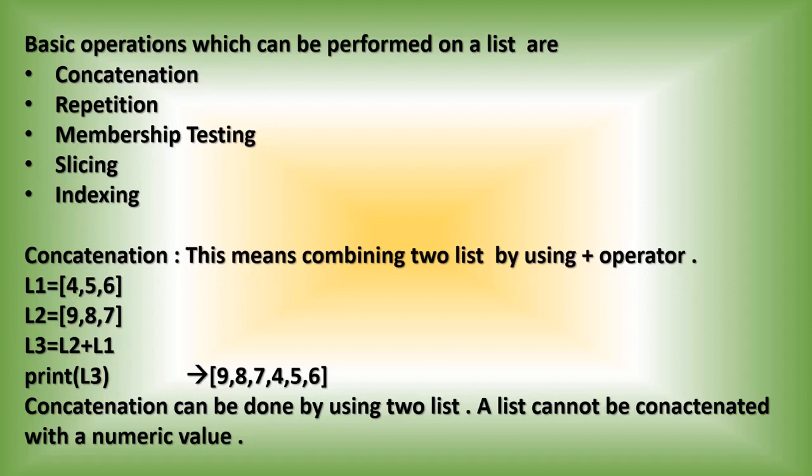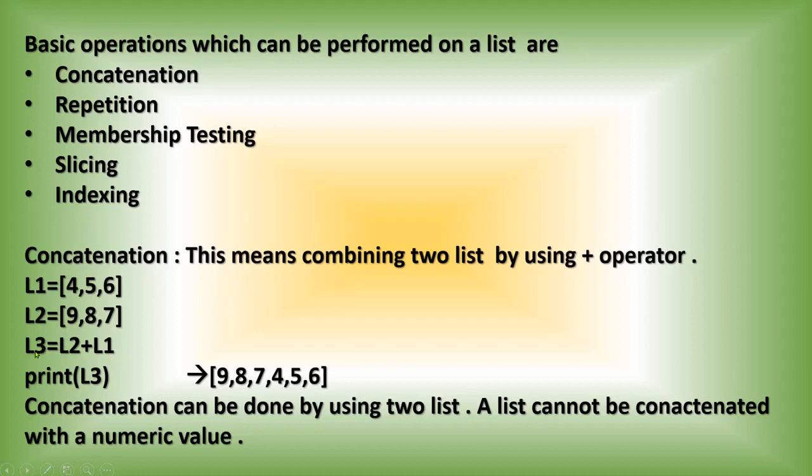See, one example is written over there. L1, L2, two lists are given there. This is the L1 list and this is the L2 list. And I have written L2 plus L1. That means L2 is the second list and L1 is the first list. So L2 plus L1 and the result is stored inside the variable L3.